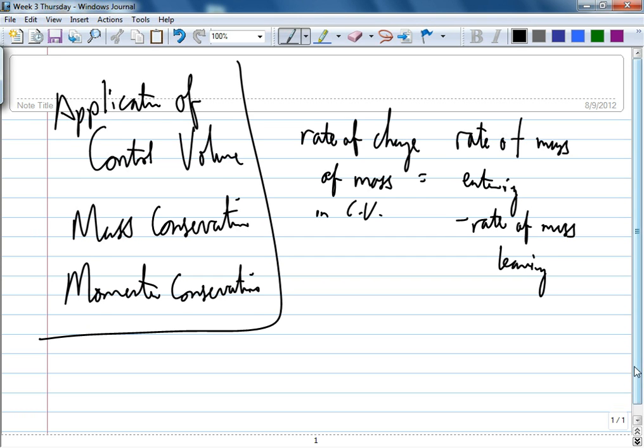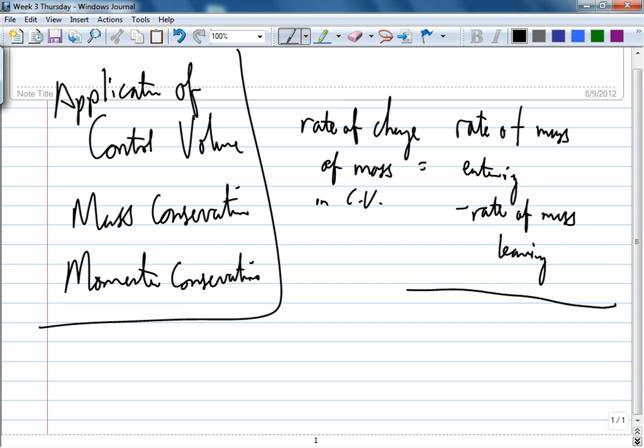And this term, the mass in the control volume, is the density times the volume, and you integrate across the entire volume.